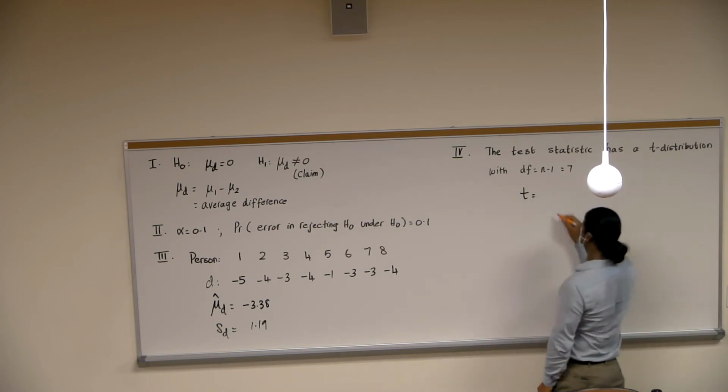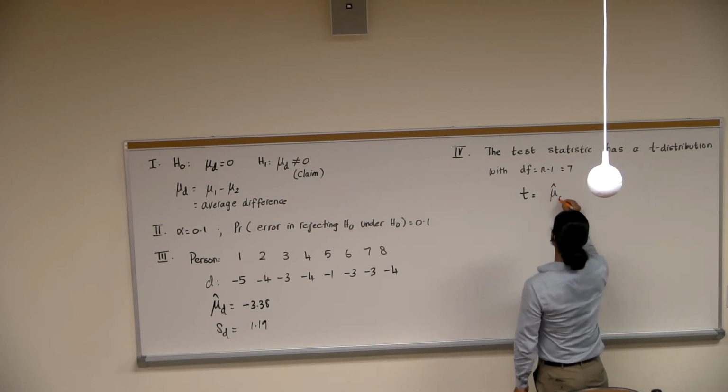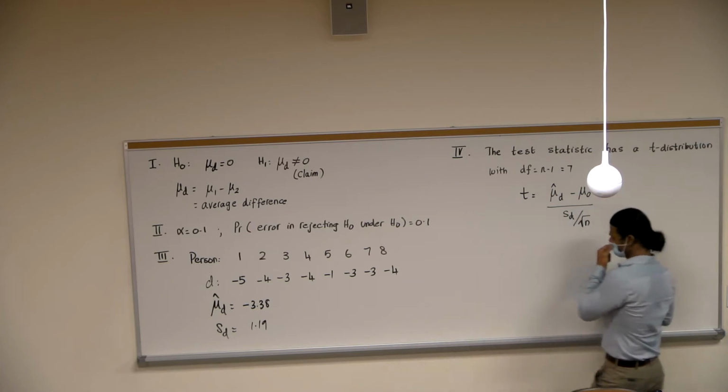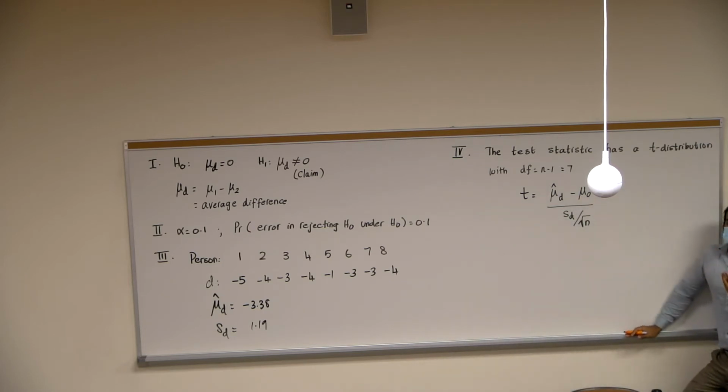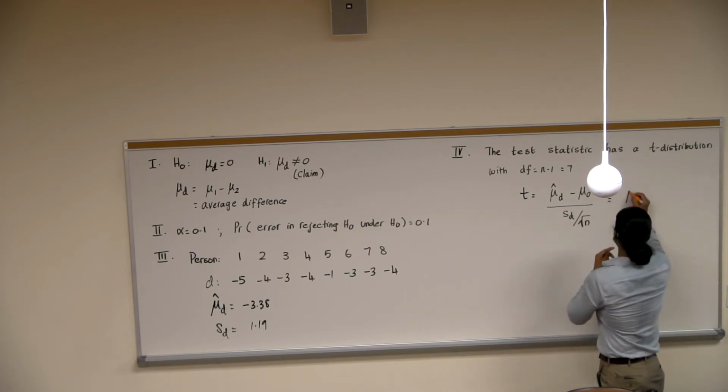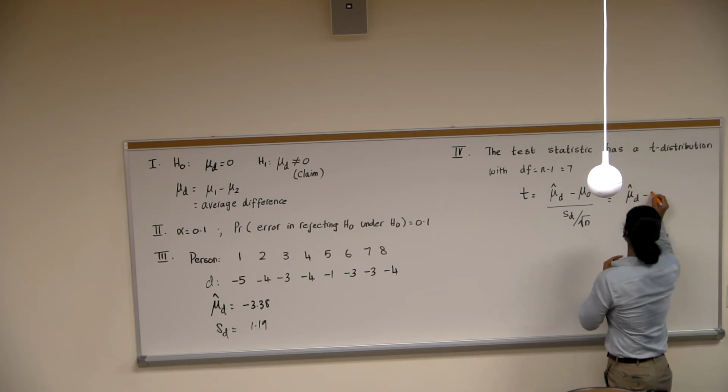The formula for that is mu d minus mu naught divided by s d over square root of n. Mu naught is the value that is claimed in the null, and it's pretty obvious from our definition that mu naught is 0. In most cases, a test like this would tend to have mu naught to be 0.